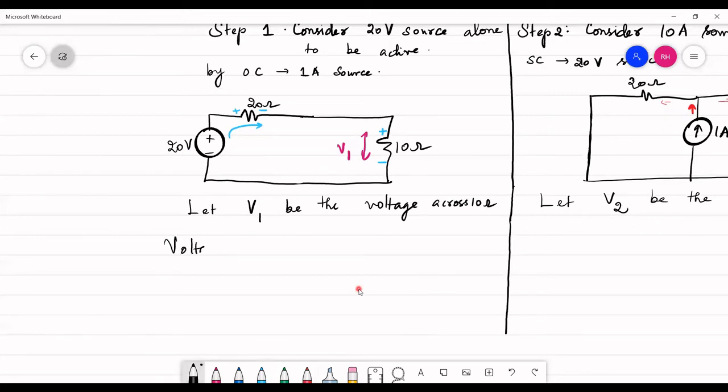So, voltage division rule. As you could see here, this is a voltage source which is connected to two series resistances. In a series circuit, always voltage gets divided, right? So, let us find the voltage.